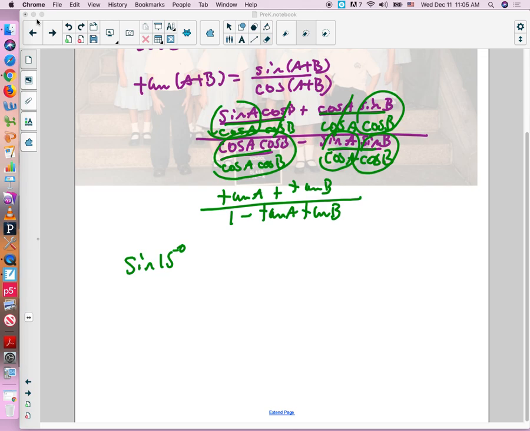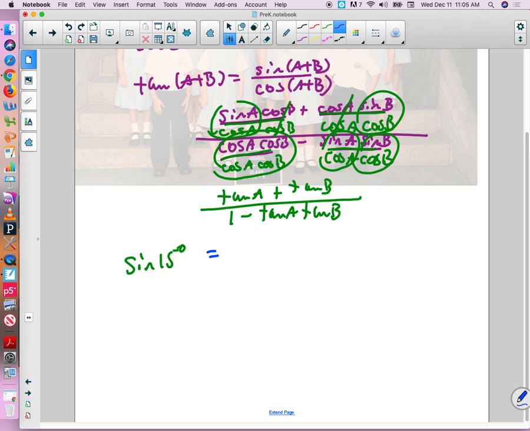For sine of 15 on test day, I'll see some people go 60 minus 45, and I'll see other people go 45 minus 30. You'll get the same answer. You'll be using different numbers, but you'll get the exact same final answer. I guess that one was the square root of 6 minus square root of 2 over 4.